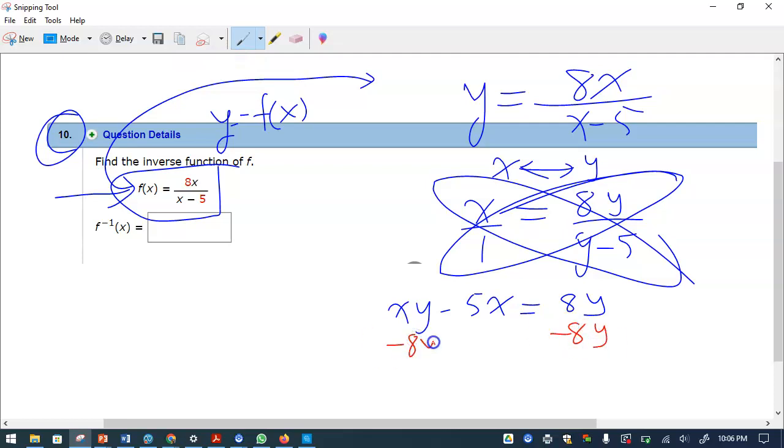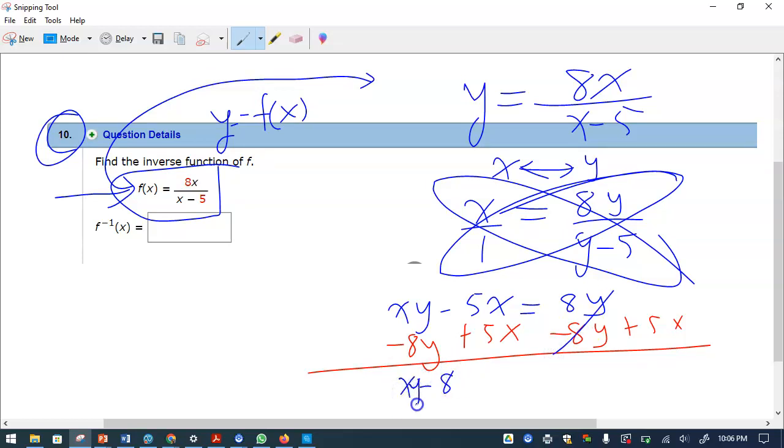Then you need to have all the y's on the left side, so subtract 8y. I'll put it below here. And at the same time, add 5x to both sides. And when you do this, you'll see this goes away, and this becomes xy minus 8y. This crosses out, and you get 5x.